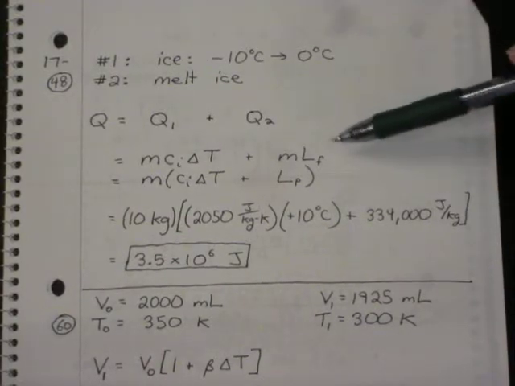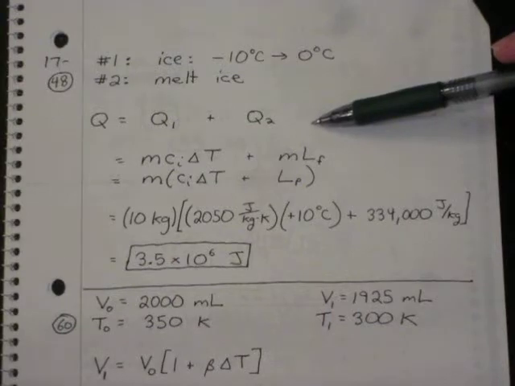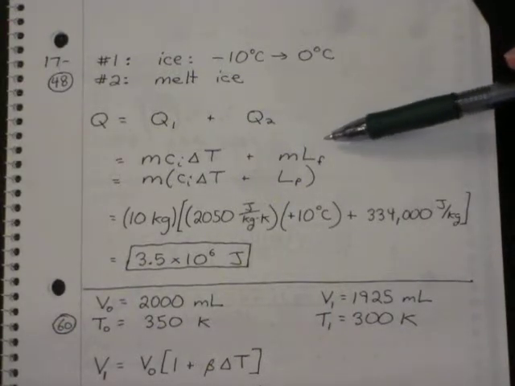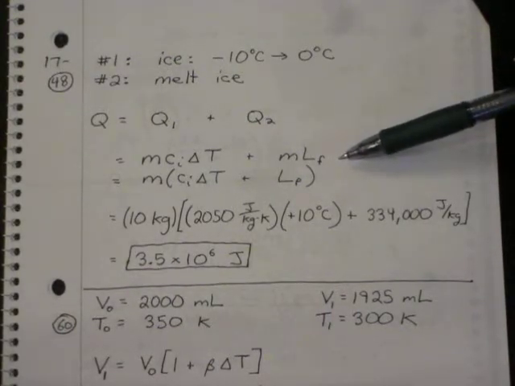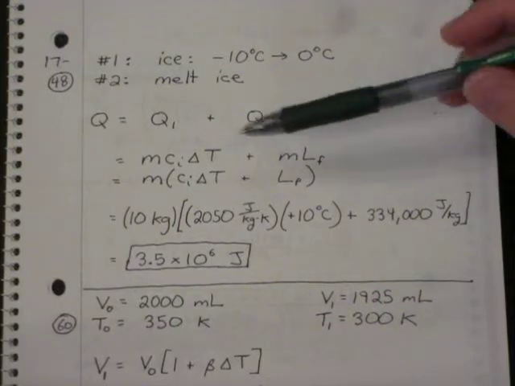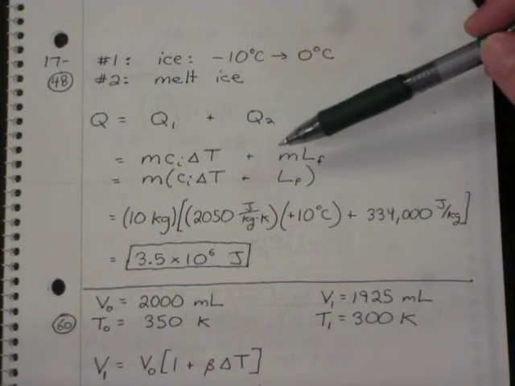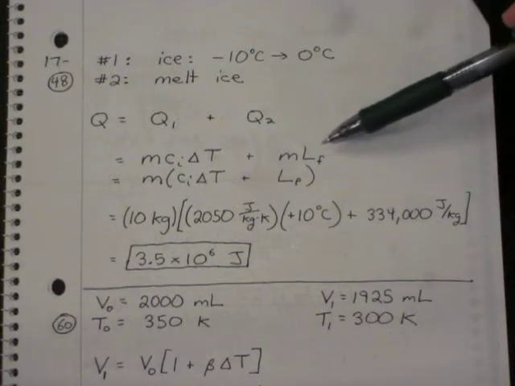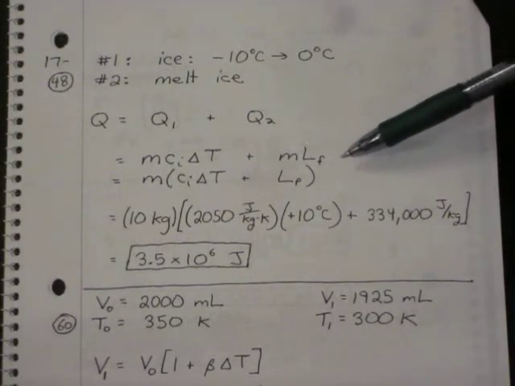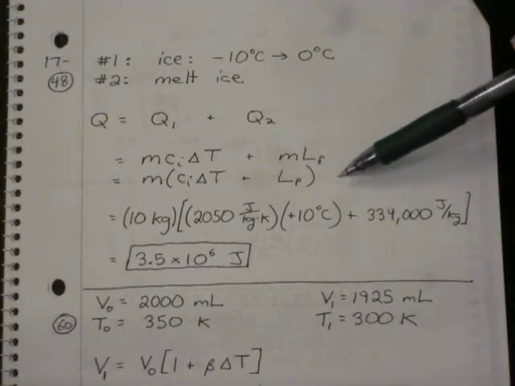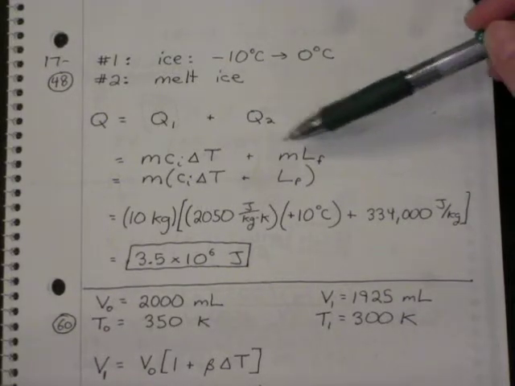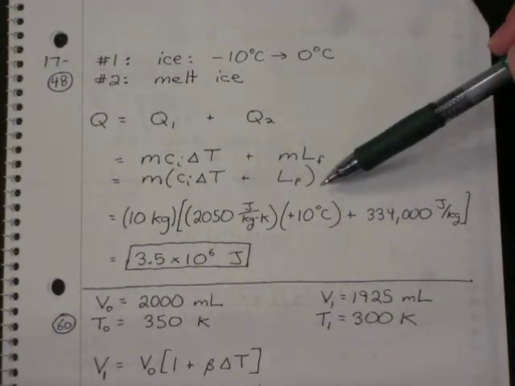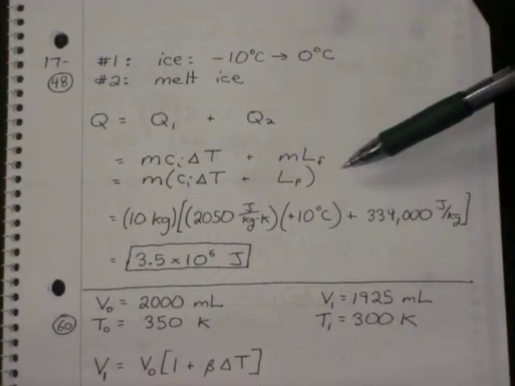So we'll say that the total heat is Q1 plus Q2. Q1, taking ice and raising the temperature, is going to be m times the specific heat of ice times the change in temperature. And then Q2, we're going to add mass times the heat of fusion. If you want to, you can do as I did. I factored out m just to make it a little algebraically cleaner.